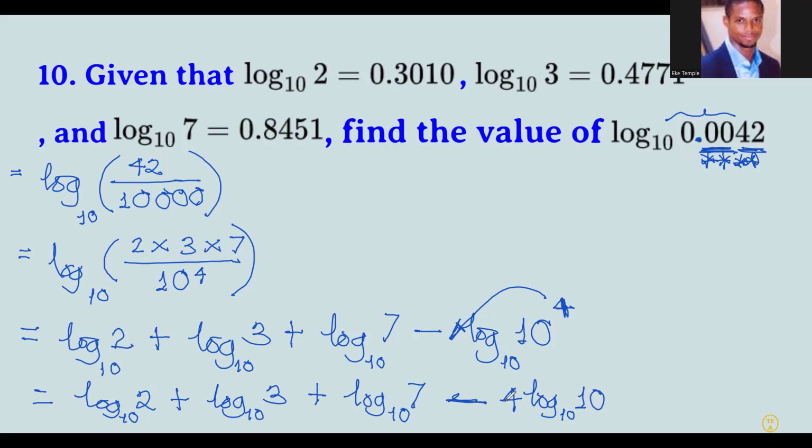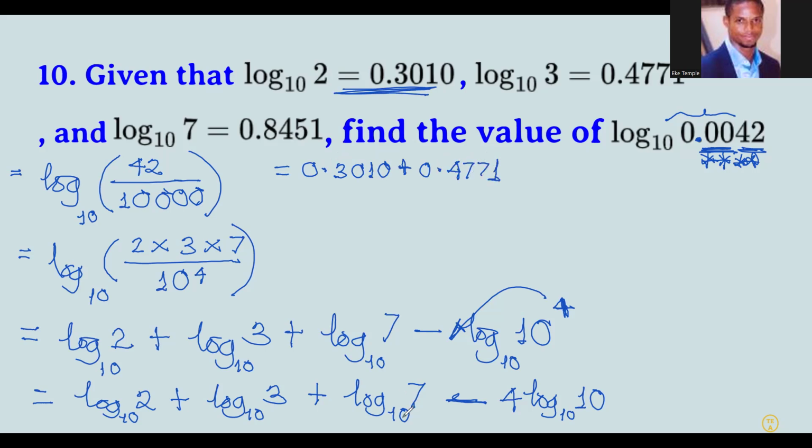Now it's time to substitute the values. Let's go. We're going to have the value of log base 10 of 2 is already given to us. Let's pick it up: 0.3010. And we have plus the value of log base 10 of 3. Log base 10 of 3 is 0.4771.